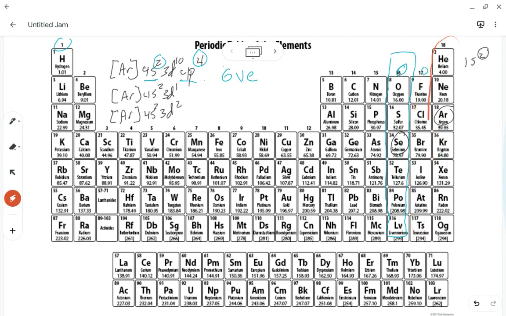And then we have this group over here whose outer electron shell, their valence shell, has a full set, which for pretty much all of them is 8 valence electrons. That's as many as you can have. They don't undergo chemical reactions pretty much at all. That's why they're called the noble gases. They kind of keep to themselves, like a king or a queen locked up in a castle. They don't interact with other elements.